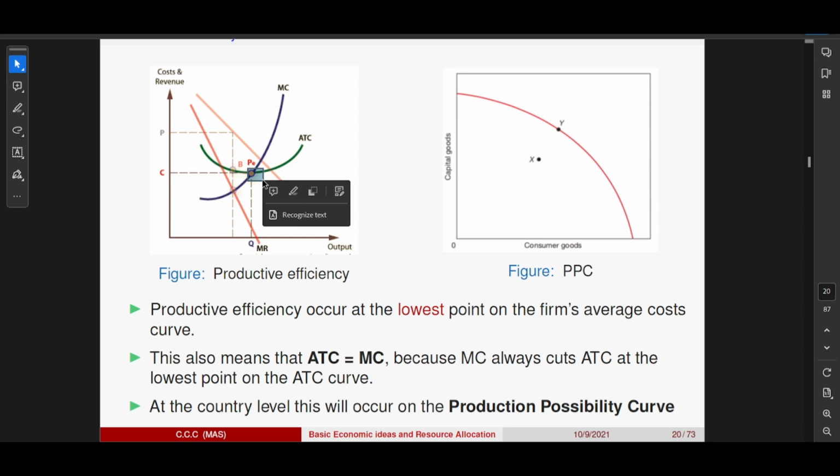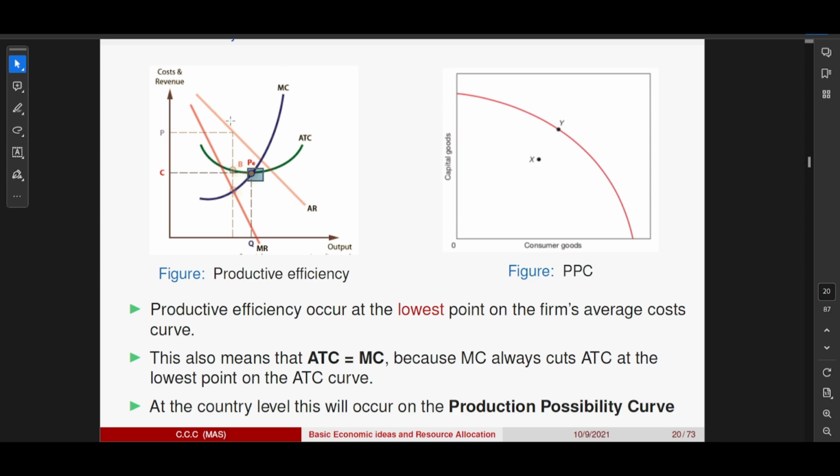Plastic is really cheap, right? Why is plastic so cheap? Because we can produce it at the lowest possible cost. Is it really good that we can produce plastic this cheap? Not really for the environment, right? But we have been able to achieve producing plastic efficiently. So that is what productive efficiency means.